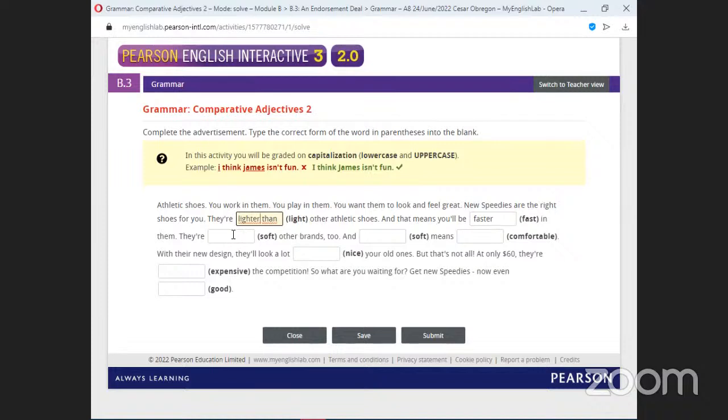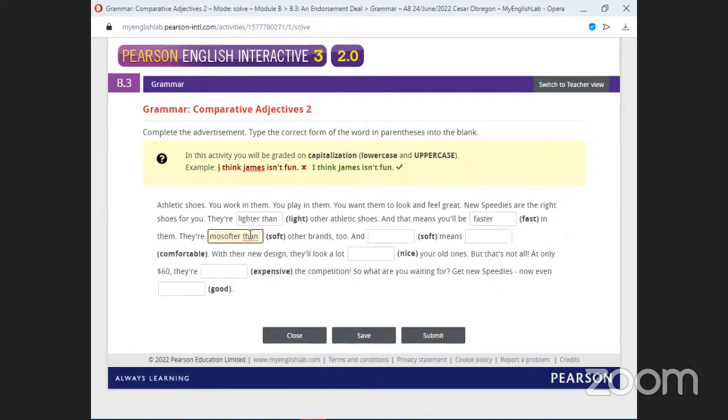They are softer than other brands. No, they are more soft. They are more soft.